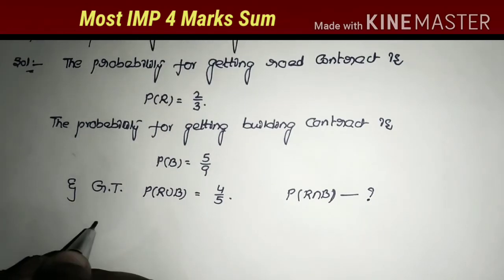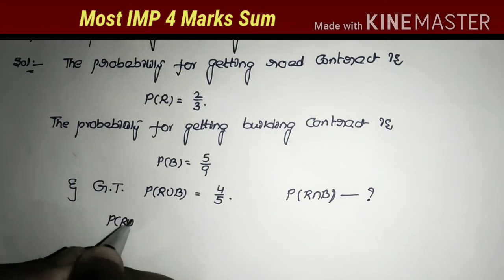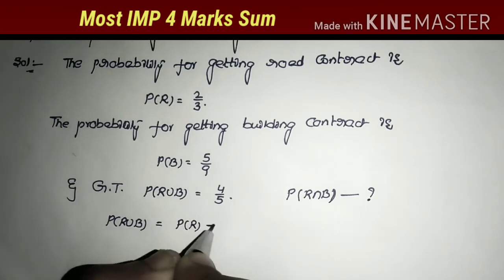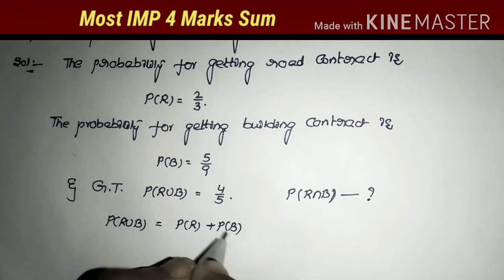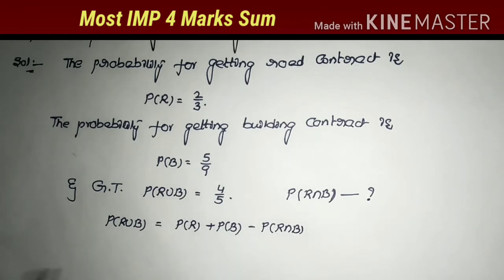Now what is the formula? From the addition theorem we have that P of R union B is equal to P of R plus P of B minus P of R intersection B. So this is the formula. Now substituting the values.